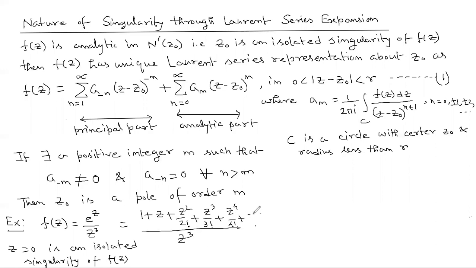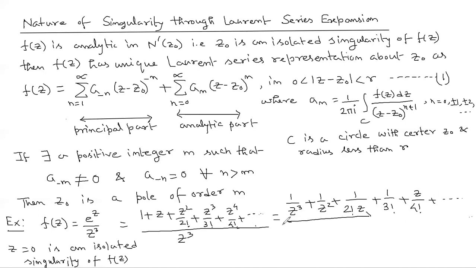Now this can be written as 1 by z cube plus 1 by z square plus 1 by 2 factorial into z plus 1 by 3 factorial plus z by 4 factorial and so on. Here we can see this is the principal part of the Laurent series expansion about the point 0, and this is the analytic part that contains only the positive powers.